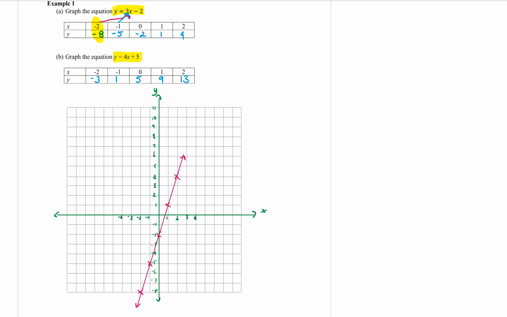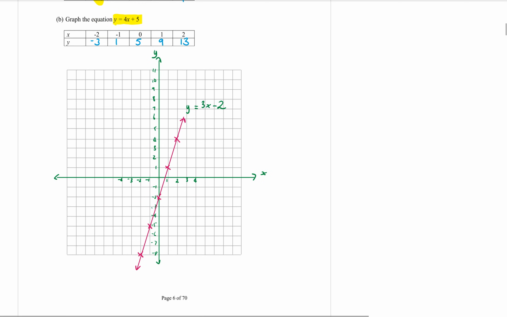Because we're going to be putting 2 lines on this graph here, we need to label them. So this line has the equation y equals 3x minus 2. So I usually write that on one end of my line. Now let's plot the second one. For the second one, our first point was -2, -3.